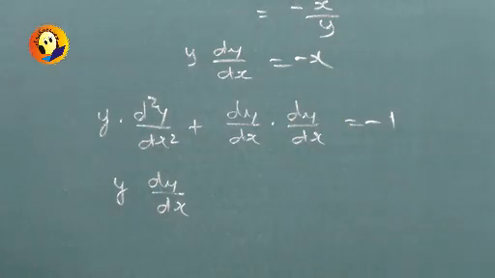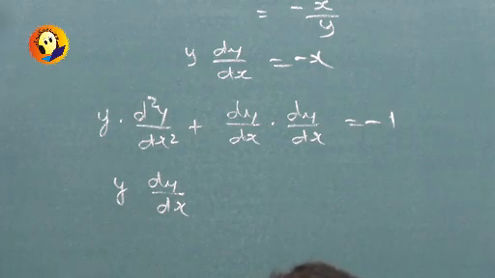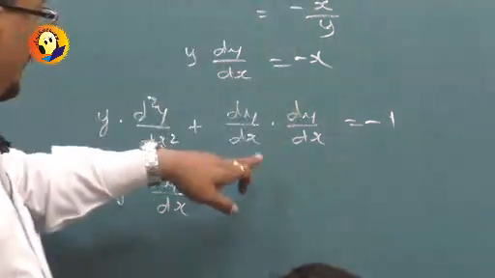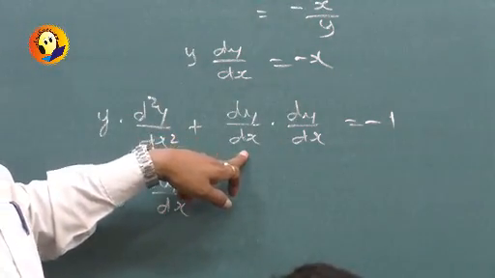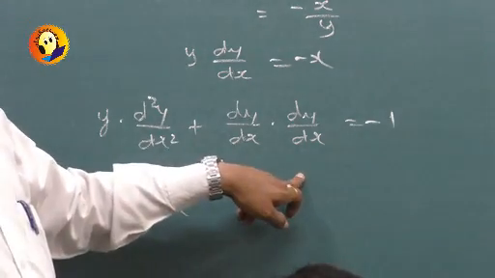But what should we do now? Because he wants dy by dx also. So again the same trick: one dy by dx we should substitute and one we should keep as it is.